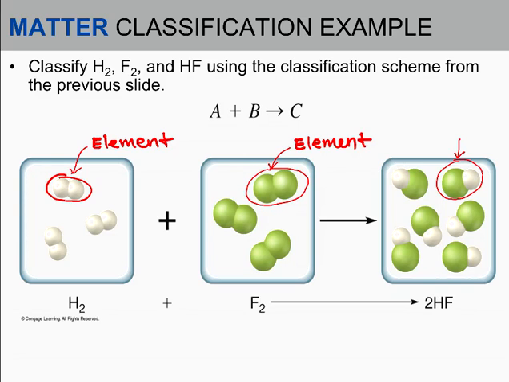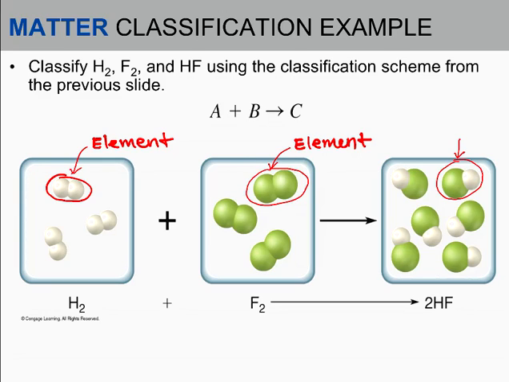And then in the last box, we have now mixed up all of our atoms, and we have produced something called hydrofluoric acid. And within one of these molecules, we have one hydrogen atom and one fluorine atom. And because we have two different kinds of atoms within that molecule, we would call that a heteroatomic molecule.